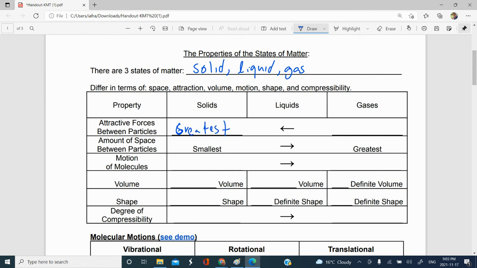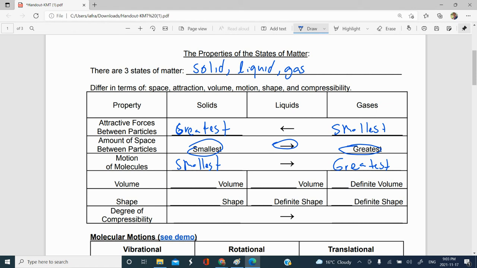The liquids are somewhere in between, and then gases have the smallest attractive forces between the particles. For amount of space, solids have the smallest, gases have the greatest, and then liquids somewhere in between. For the motion of molecules, gases have the greatest, and then solids have the smallest, with liquids again somewhere in between.